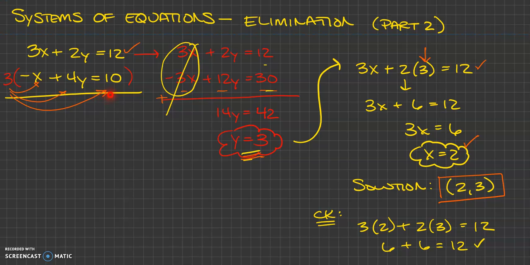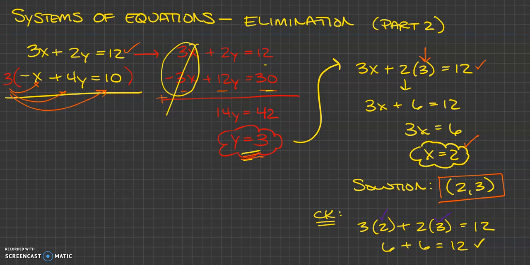When I graph them, they intersect one another at a point located at 2 in the x and 3 in the y. And then as I've been showing you, we can check this solution. I used the first equation, plugged 2 in for x, 3 in for y, solved accordingly, and yes, 6 plus 6 does in fact equal 12.